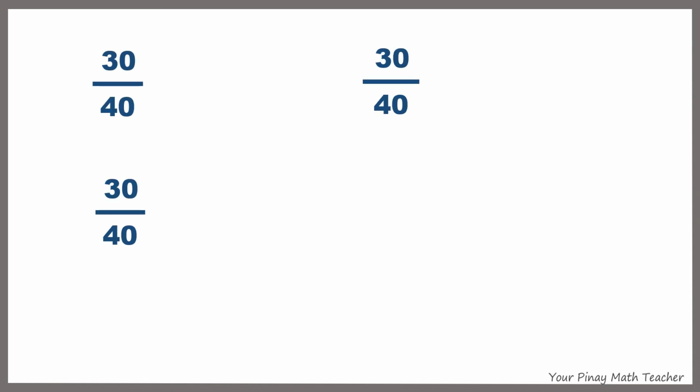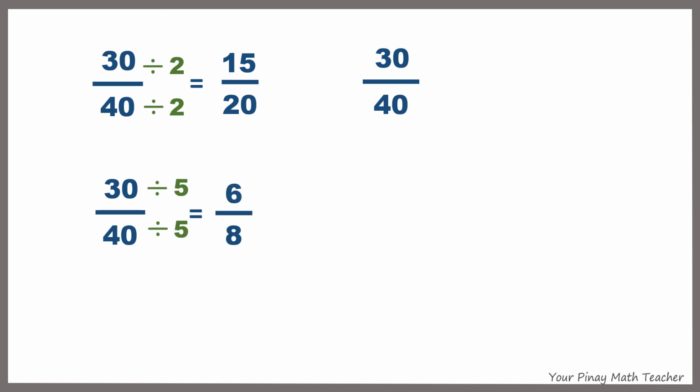Another example, 30/40. Both numbers can be divided by 2. So we get 15/20. Both can also be divided by 5, giving 6/8. And both can be divided by its greatest common factor, 10. So we get an equivalent fraction of 3/4.